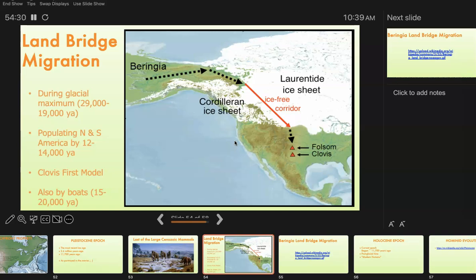The similarities are striking. There is also by boats. It's the last bullet point here. They're still working on this one. I don't know why they're having a hard time with carbon dating or whatever, but there is a good argument going that we were actually populated first by folks that came from these islands and came ashore a good arguably 5,000 years earlier than the Clovis setup.